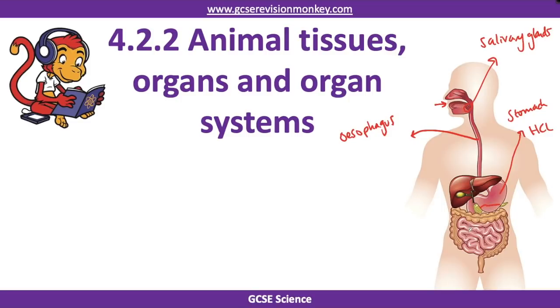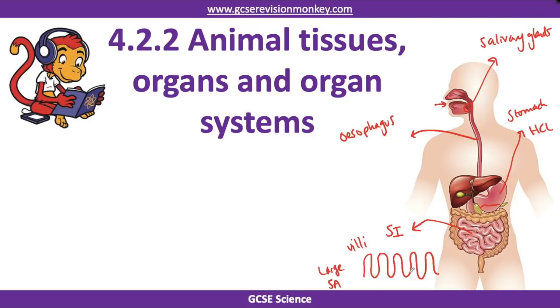After the stomach, the food goes into your small intestine, which I'm just going to abbreviate to SI here. Your small intestine, that is where most of the digestion happens. It has folds called villi, which are providing a large surface area for digestion of small soluble molecules, molecules that can dissolve and move across the membrane.